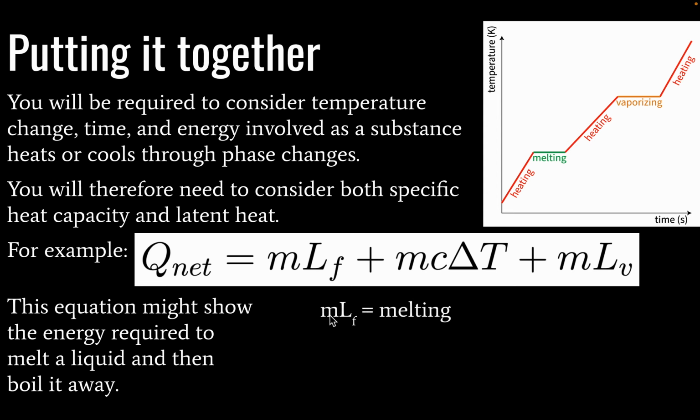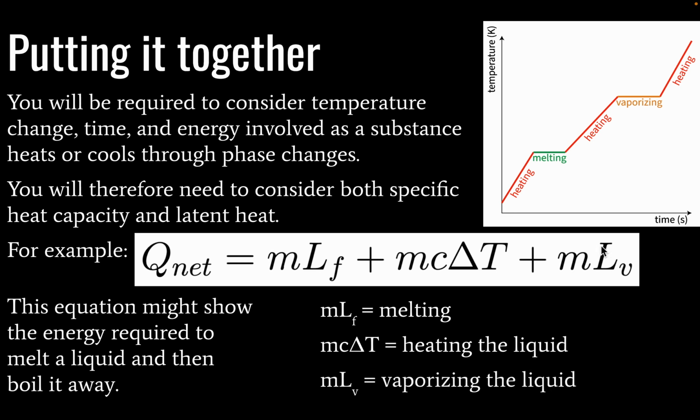Here we have our term of energy for melting, and here we have our term of energy for heating the liquid, and we have our term for vaporizing the liquid or boiling it off. And our mass here is going to be the same every time, which is pretty convenient because we could actually factor out mass if we wanted to algebraically.